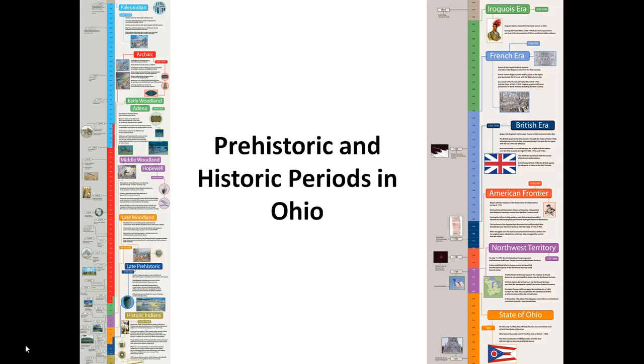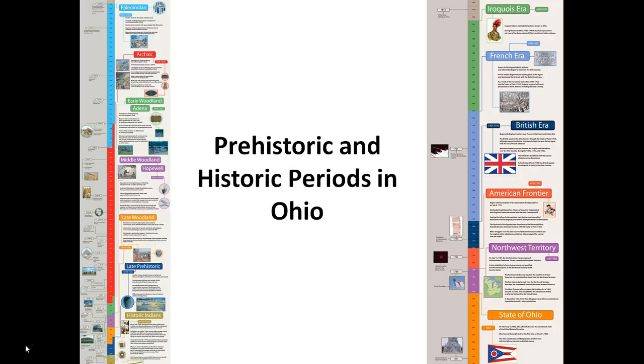You may be familiar with this general concept of dividing time into periods based upon technological or economic characteristics by your studies of American history. Here, these charts show different prehistoric and historic periods in the state of Ohio, beginning with the Paleo-Indian, Archaic, and then Formative period Woodland and Mississippian cultures.